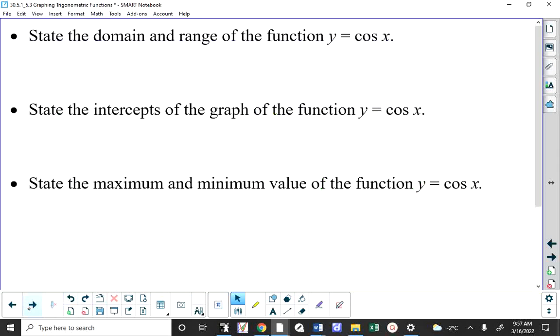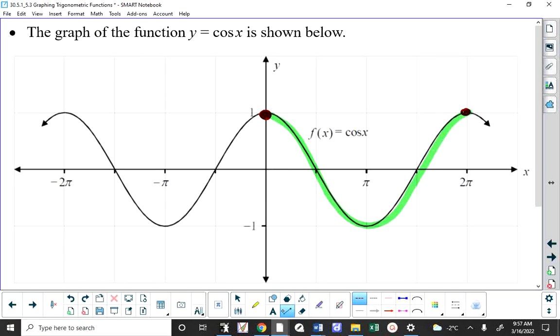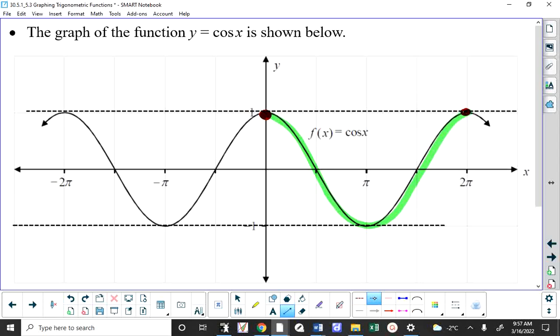So let's state the domain and range. Looking at this graph, it has a maximum of 1 and a minimum of -1 and a middle on the axis. So in terms of domain, range, max, min, all that stuff is going to be the same. The amplitude will be the same.